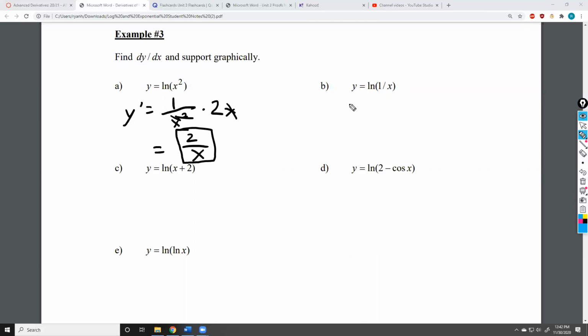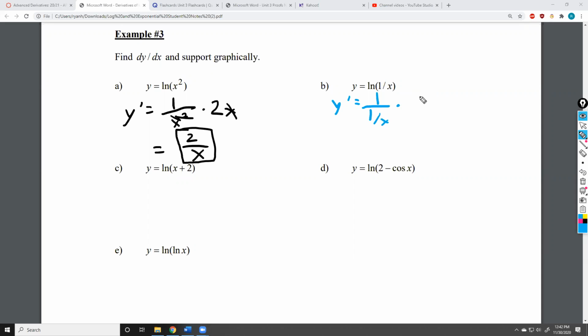Part B. Part B is a little bit trickier, actually. There's an easier way to do it, but I'll show you that in just a second. The tricky part here is that we're going to have a fraction and a fraction at first. So we have 1 over x. 1 over whatever's inside here. But then, of course, since there's something inside the natural log, we're going to use the chain rule. Multiply by the derivative of the inside part. Derivative of 1 over x.